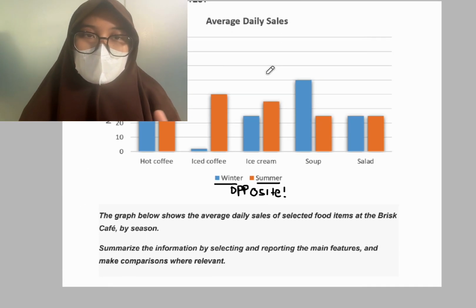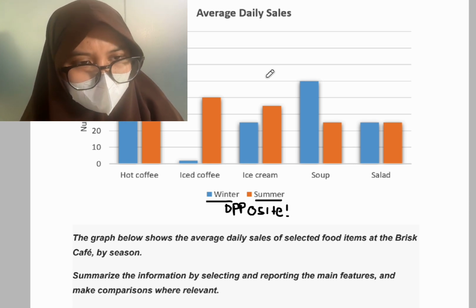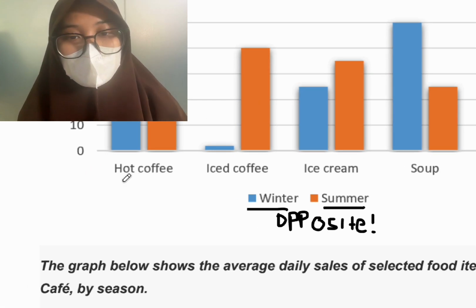And in the winter season, the weather is heavily cold outside, and in the summer season, the weather is very hot. And of course, that would affect the sales, no matter what. And so, without any further ado, I'll start off by comparing the menus that we have here.